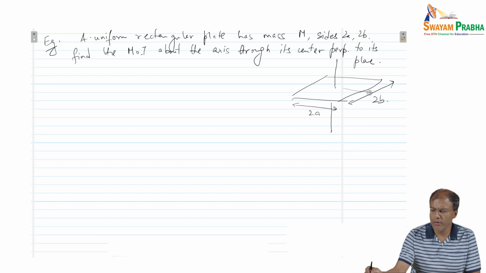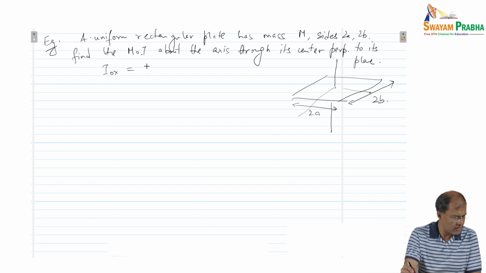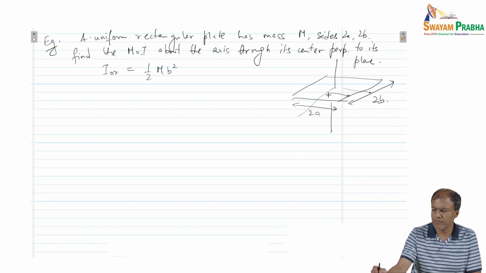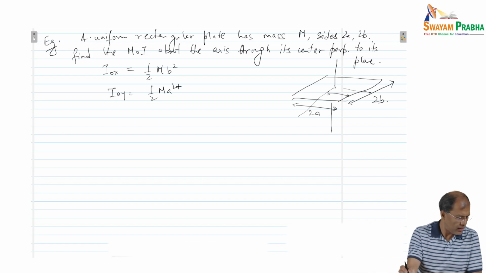We can have two imaginary axes, one parallel to the x-axis, one parallel to the y-axis, and we can quickly find that the respective moment of inertia about the x-axis will be half mb square, b being the perpendicular distance from the axis to the sides of the plate, right, and about OY will be half ma square, right?